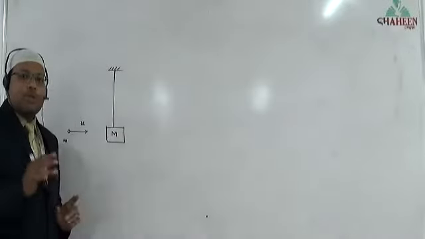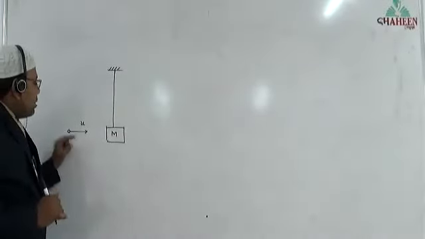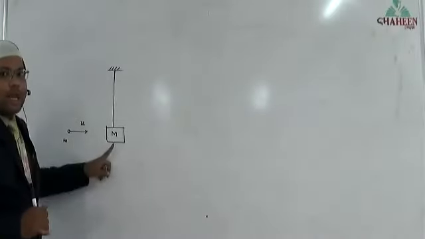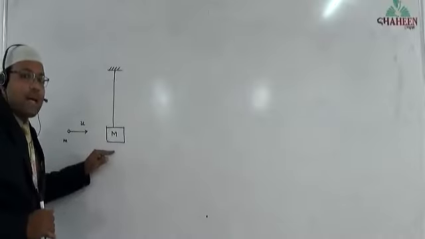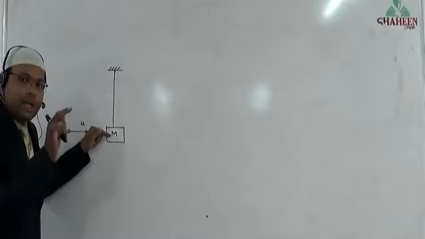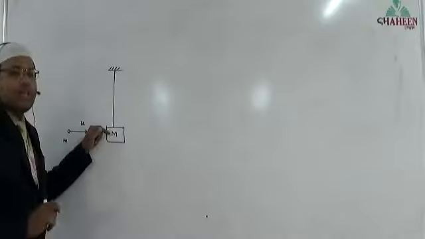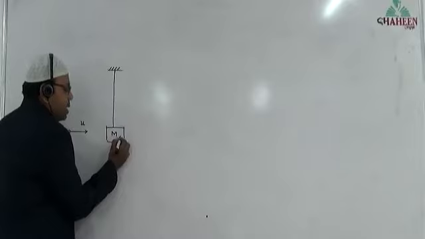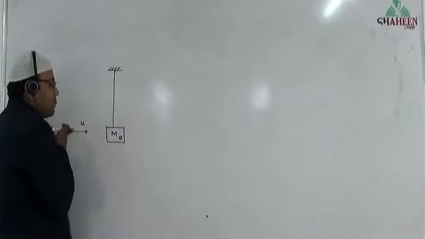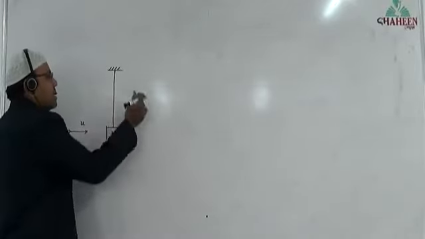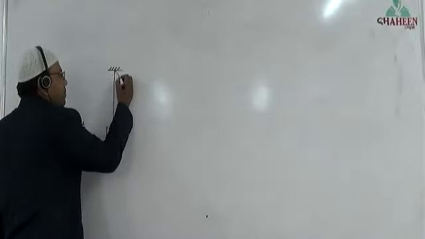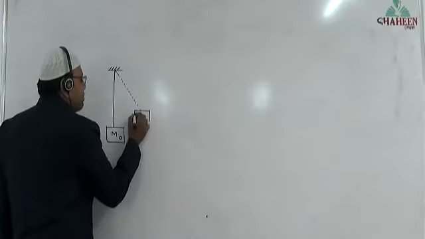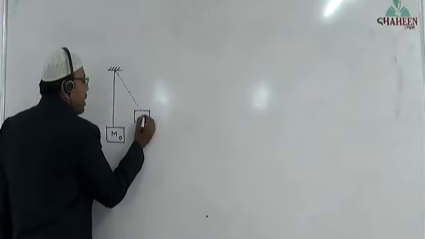Are you getting my point? So when this bullet of mass m, moving with the velocity u, strikes the wooden block, the bullet will be penetrating and stopping. That is the word they have mentioned: embedded in it. Okay, suppose this is the bullet. When it strikes, the block is rising up, this block along with the bullet.